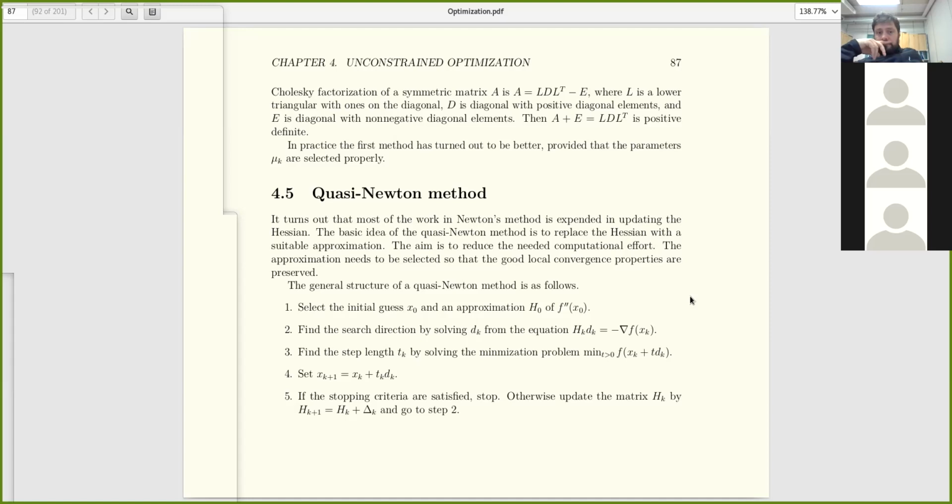So it turns out, think about it. Let's say you have 10,000 variables. If you calculate the gradient, you take 10,000 steps in calculating each component of the gradient, and then you go in that direction, and that's 10,000 steps for each iteration.